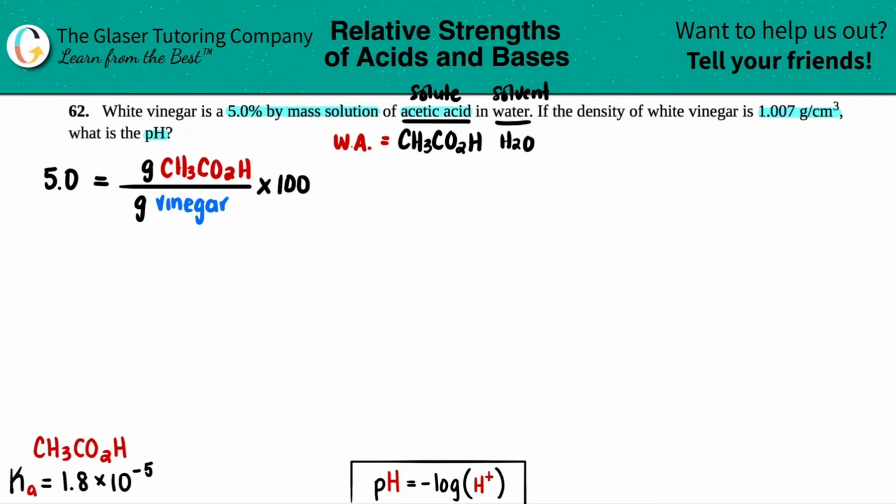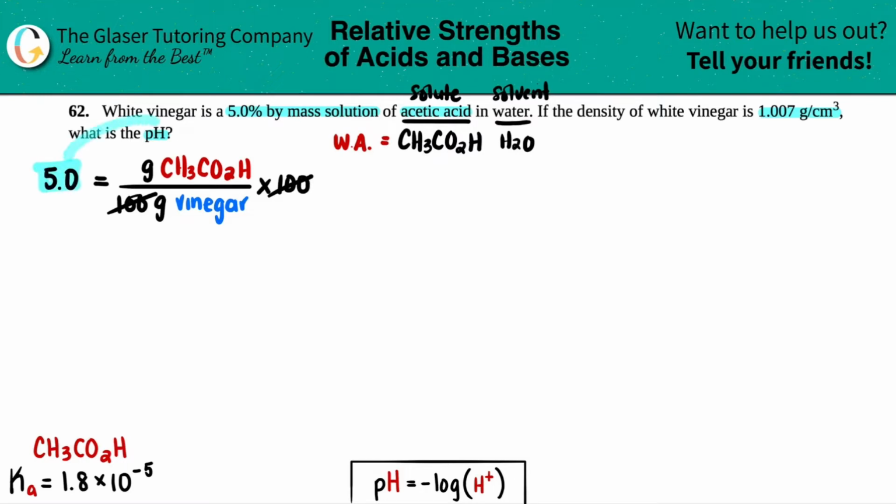This grams vinegar is in the denominator. So if I say that I have 100 grams of vinegar, the 100s cancel out, and now you're only left with 5.